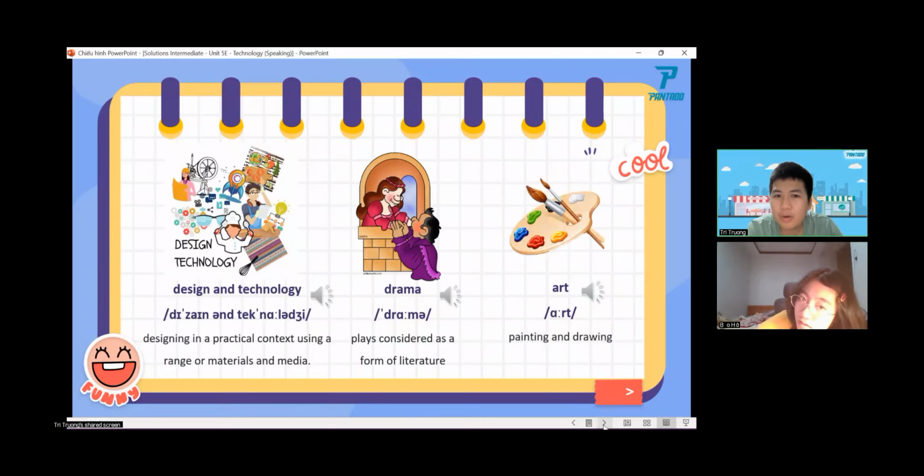Do you know what drama this is? I don't know. I think this one is Romeo and Juliet. When Juliet's family forbade them to love each other. Drama có thể là kịch, có thể là phim.